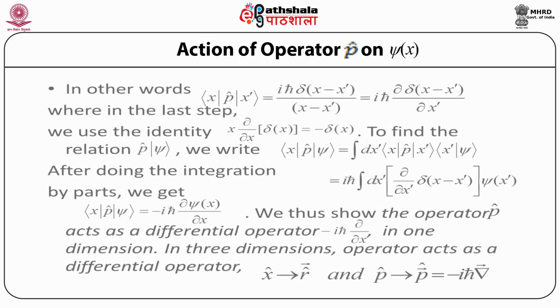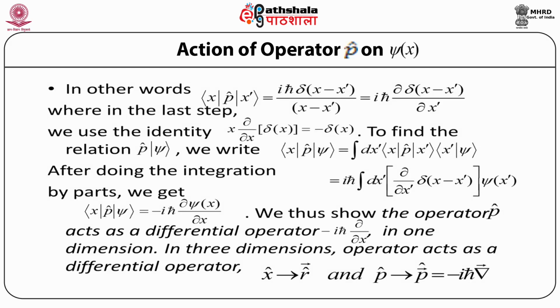Continuing from the previous equation, we can rewrite that equation as ⟨x|p|x′⟩ = iℏ δ(x − x′)/(x − x′) = iℏ ∂/∂x′ δ(x − x′), where in the last step we have used the identity x ∂/∂x δ(x) = −δ(x).